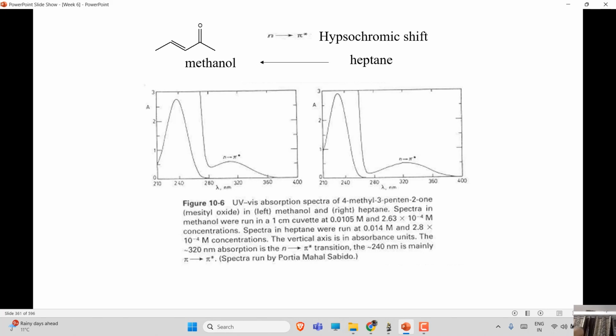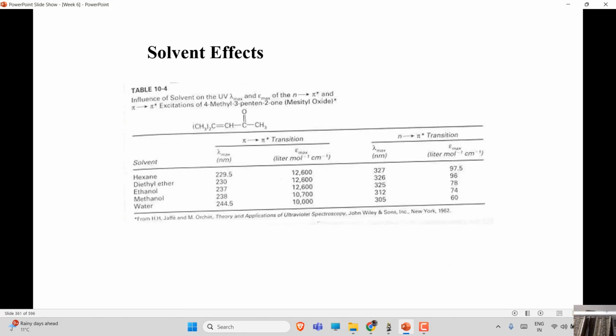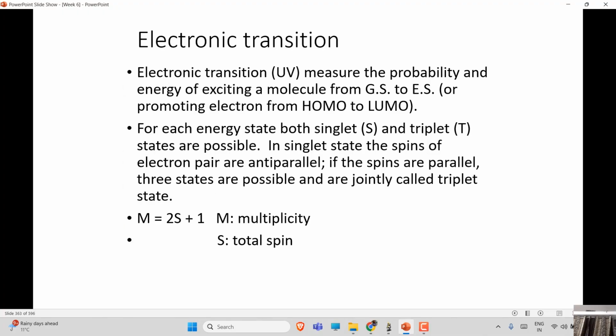The spectra in methanol were run in a 1 centimeter cuvette. Spectra in heptane were run similarly, and you can see the vertical axis is in absorbance units. So we have discussed the solvent effect as well.